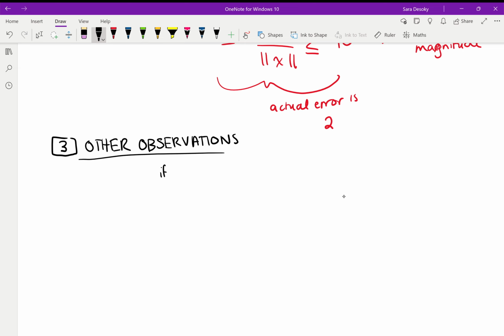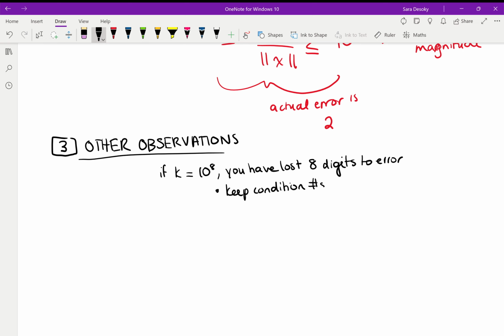And how many digits do you have in floating point? 16. In other words, you've lost a lot of digits. So the goal is to keep the condition number small just for that reason. And this is one thing I sometimes put in exam problems: approximately how many significant digits are possibly inaccurate, given the situation where you've already calculated the condition number.